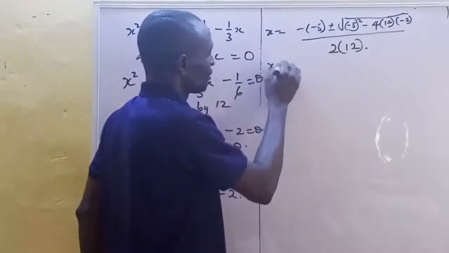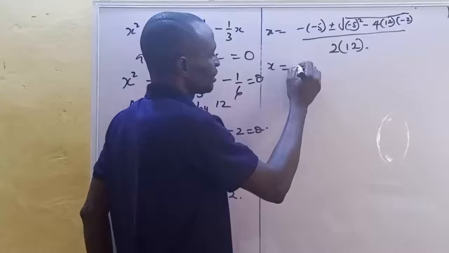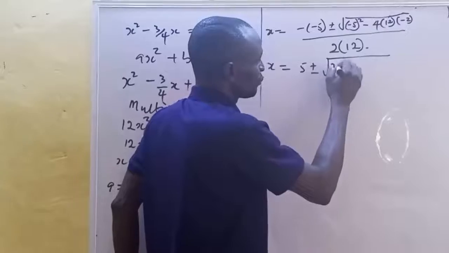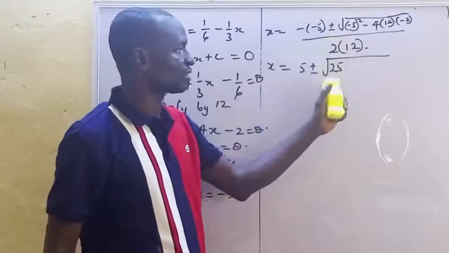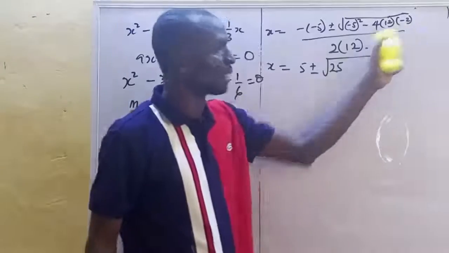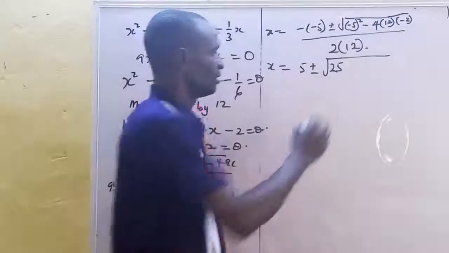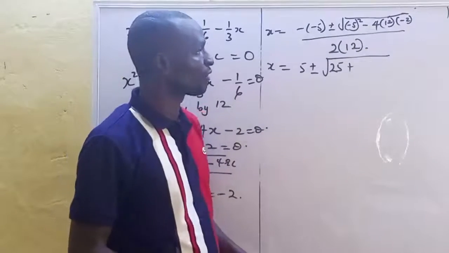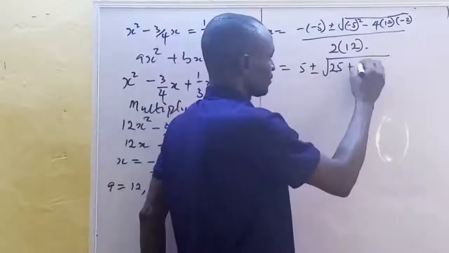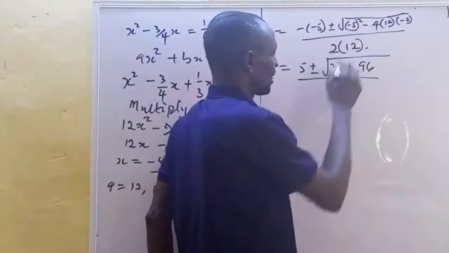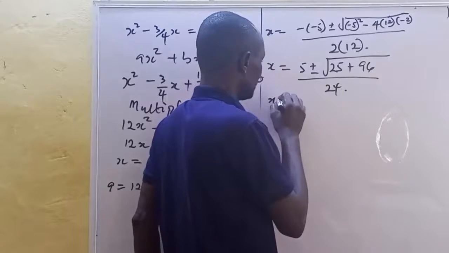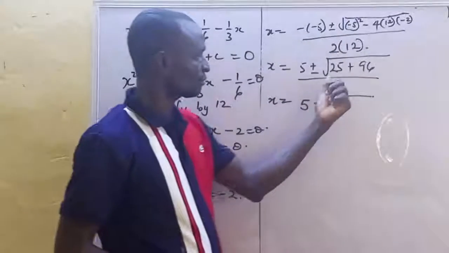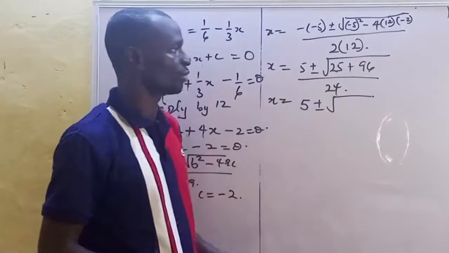So that x now equals minus 5 times minus, that's plus 5, plus or minus square root of 25. Minus 5 squared is 25. Minus 4 times minus 2, that's plus 8. So I already have this to be positive. 8 times 12, I think that's 96. All over 2 times 12, 24. X is equal to 5 plus or minus square root of 96 plus 25.